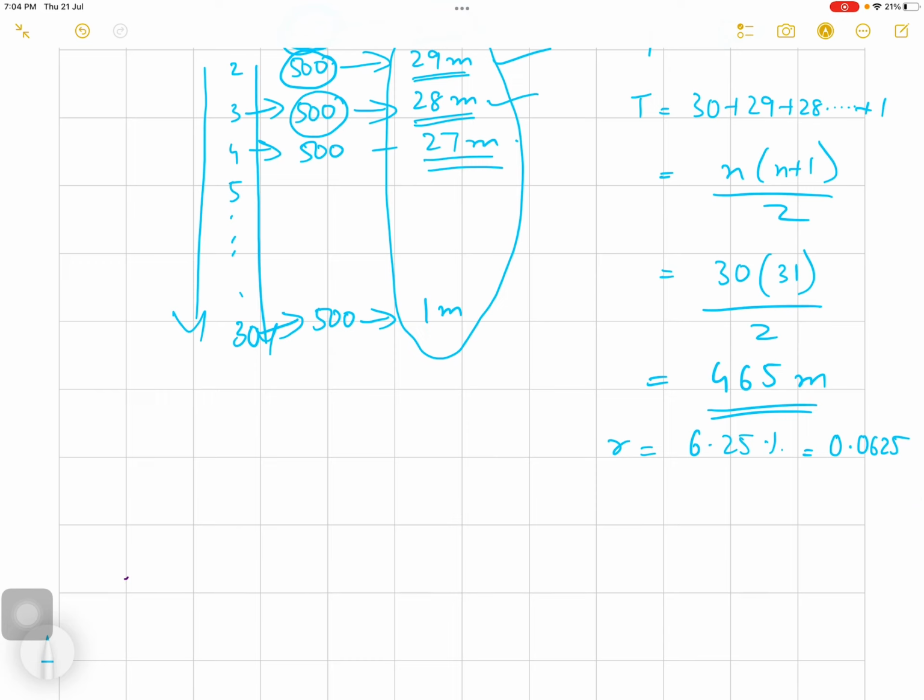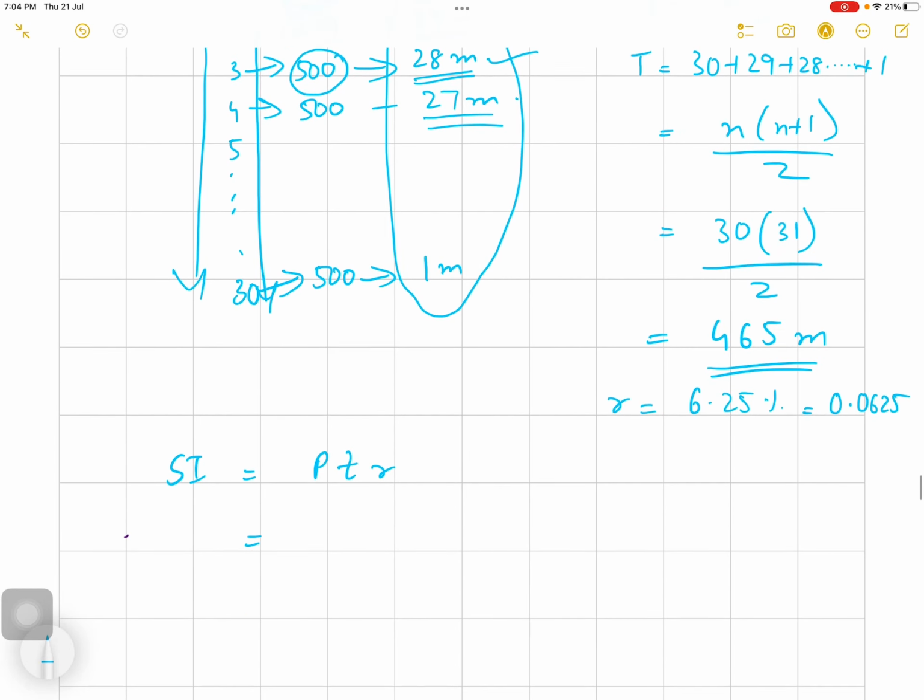So let us calculate the simple interest. Simple interest is equal to P into T into R, where P is 500. T, time, is in months, so we write 465 months, so 465 divided by 12, into 0.0625, or you can write 6.25 divided by 100 also. It's one and the same thing.